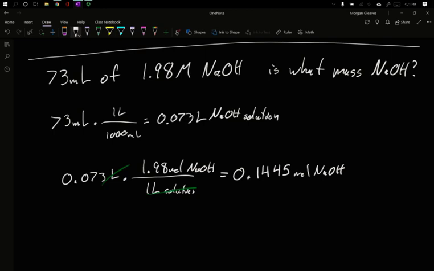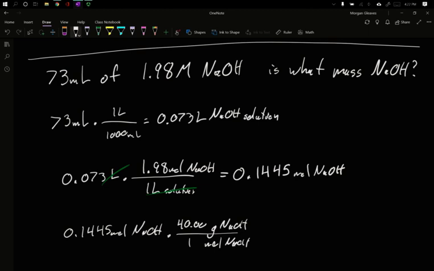So I found my moles of sodium hydroxide in this volume, but the final question was to convert it to mass. I have 0.1445 mole of NaOH. Well, I need a ratio of moles of NaOH to mass of NaOH. Add up the periodic table: 1 sodium, 1 oxygen, 1 hydrogen. 1 mole is just about 40.00 grams.